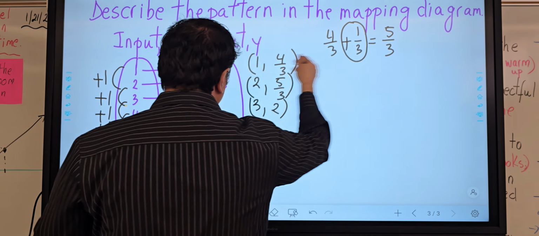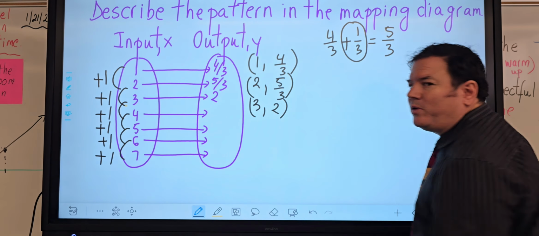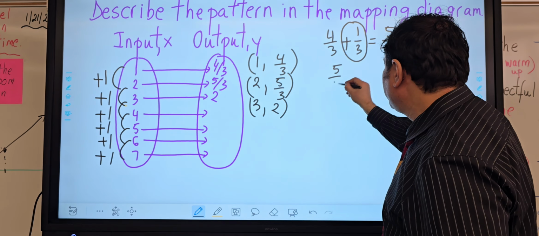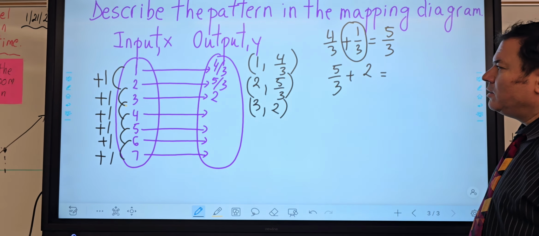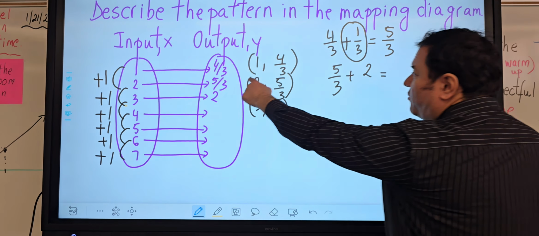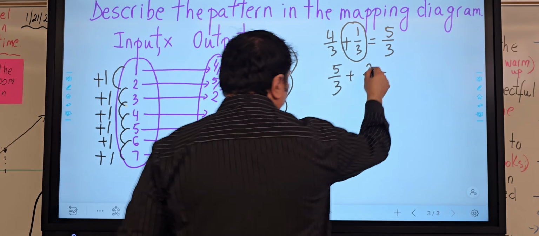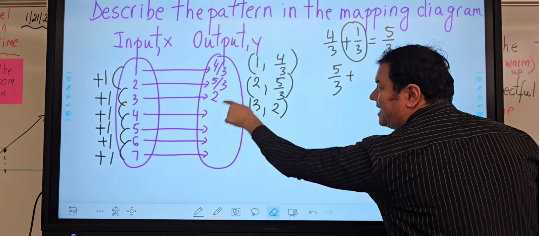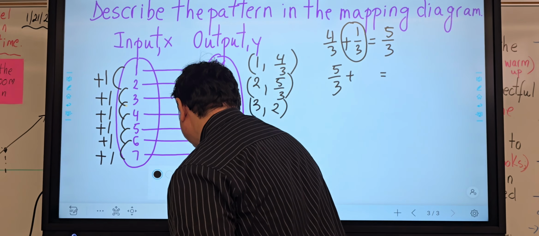So we are going to add 1/3 each time. Let's see if it works from 5/3 to 2. So if we add 1/3 to 5/3, let's see if we get 2 as the answer.